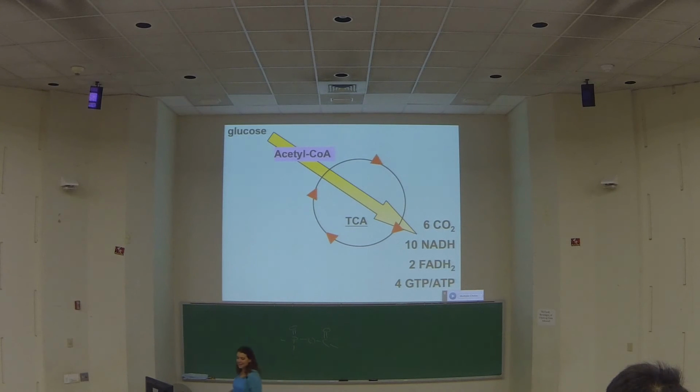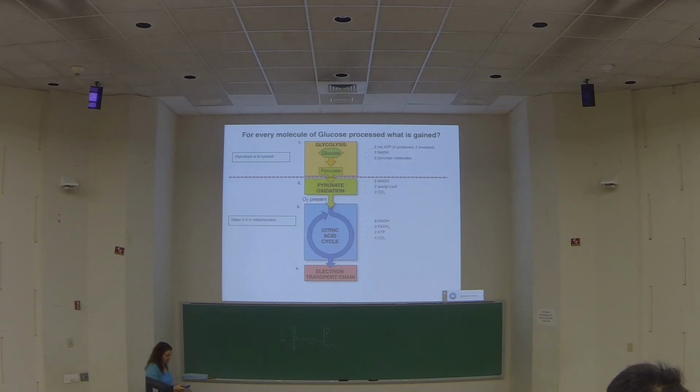All right, we can break that down, maybe make it a little bit clearer where they're coming from. So 2 ATP out of glycolysis, 2 NADH, 2 pyruvate. We oxidize that pyruvate to produce, remember there's 2 of them, 2 NADH, 2 acetyl-CoA, 2 CO2. And we put that acetyl-CoA into the citric acid cycle and get out 6 NADH, 2 FADH2, 2 ATP or GTP, and 4 CO2.